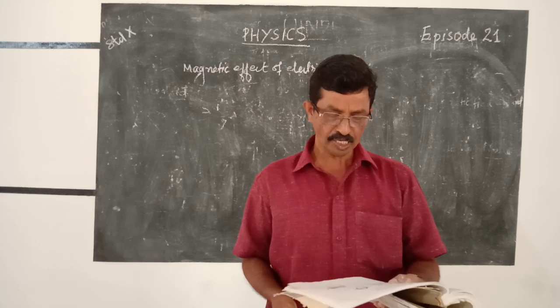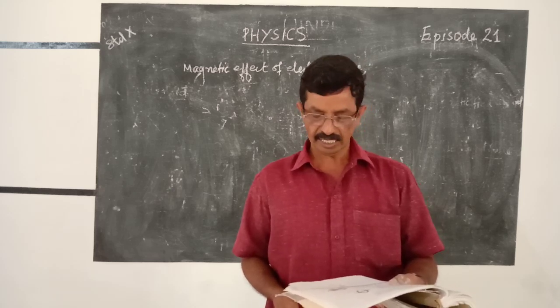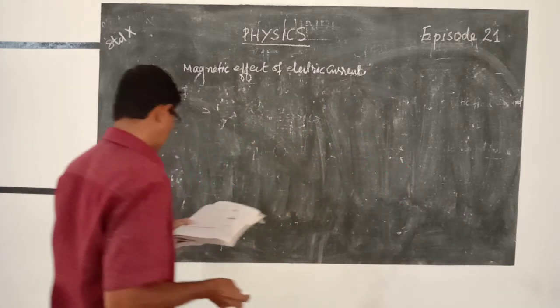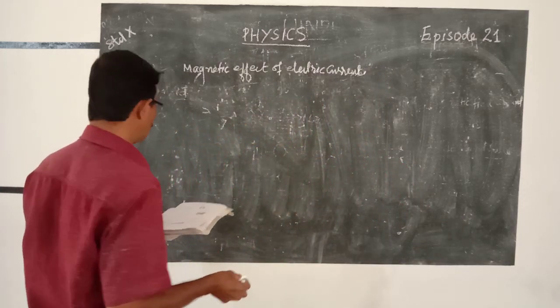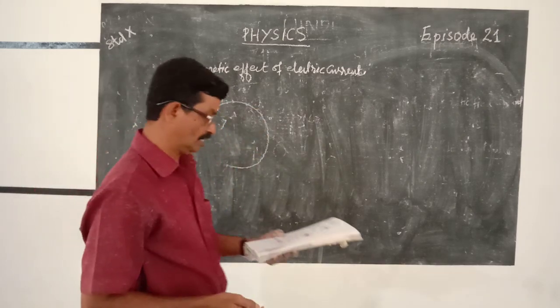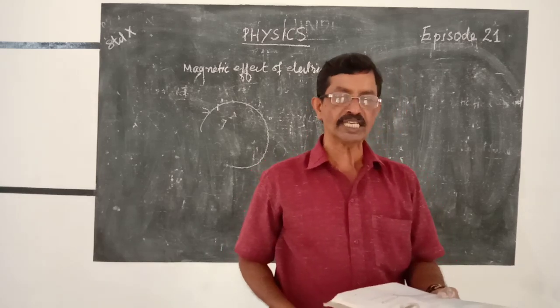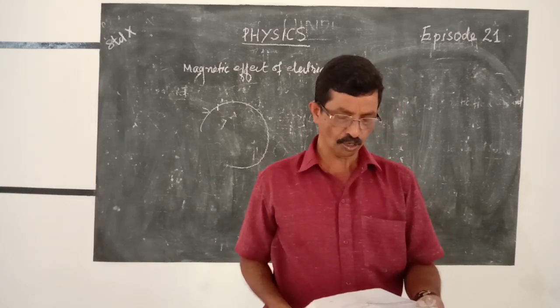Let the current pass through the loop clockwise. Consider a circular loop of wire lying in this way on the plane of the table. How is the current passing? Clockwise.